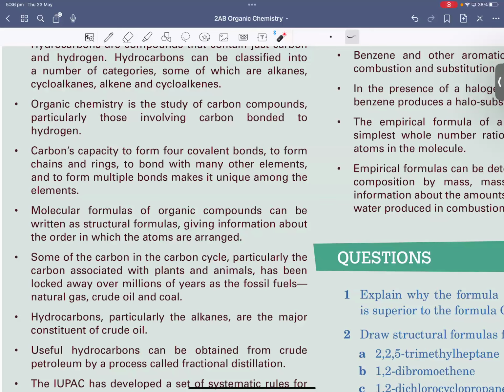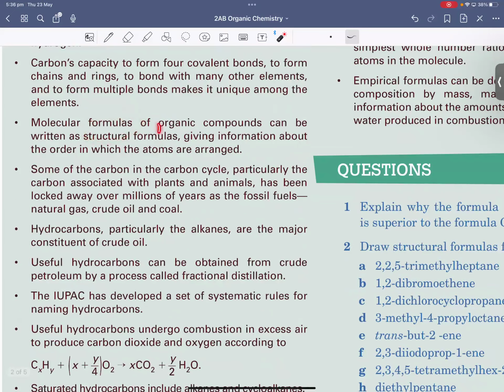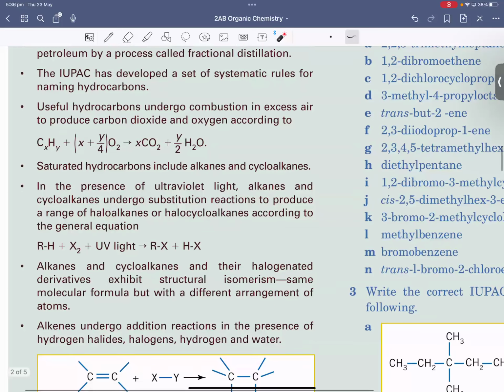Yes, including chains and rings and multiple bonds. Molecular formulas can be written as structural formulas. Yes. Combustion reactions. Saturated hydrocarbons undergo substitution when UV light is present.